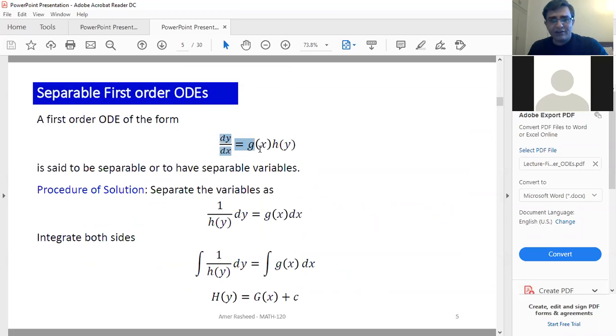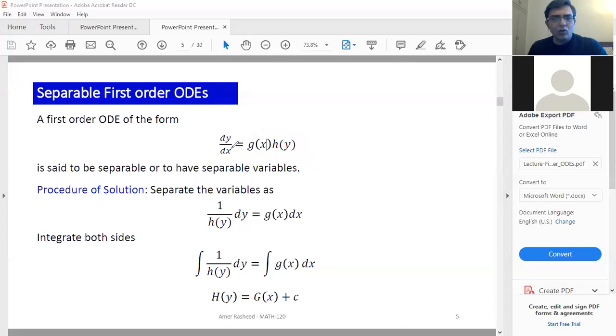In a separable differential equation, we have two independent functions of x and y which are multiplied with each other, and we can separate the variables.